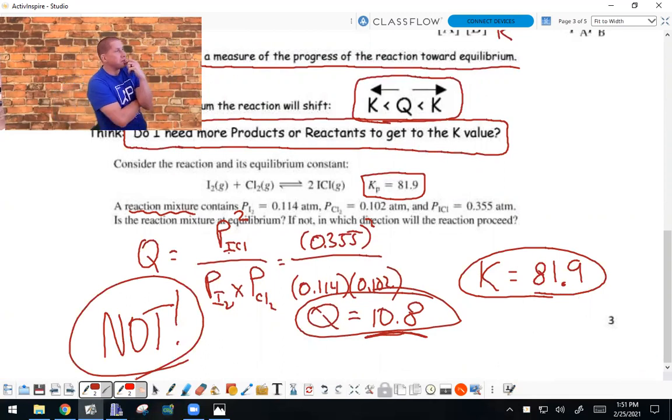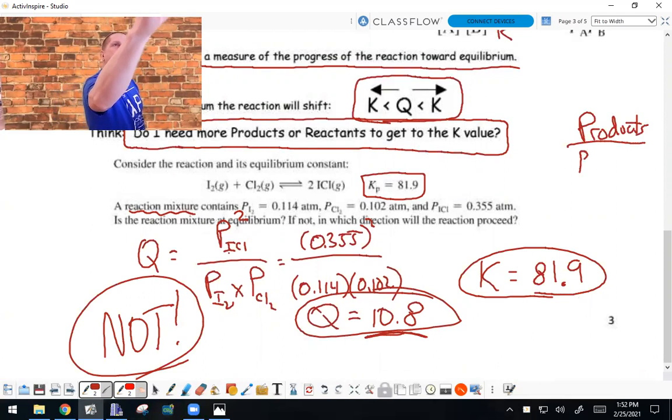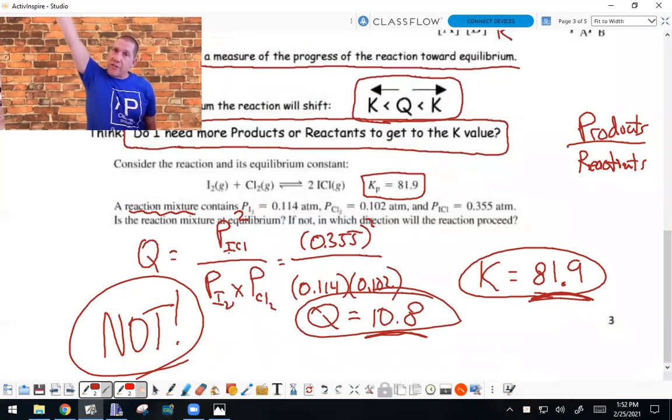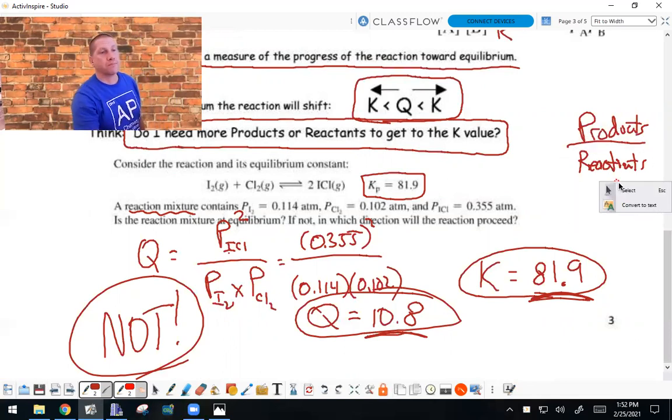Which way does it shift? All right, well, think of it this way. I have products over reactants whenever I'm doing this. And remember, we need to end up at 81.9. So we're either going to be higher than 81.9, which means our number's too high, and we need more reactants because we've got to divide by a bigger number, or we need to go up like in this case.